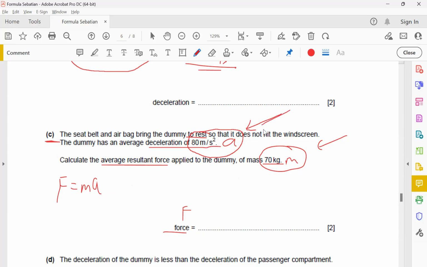If today I give you this information, then you must use this formula to find your answer. Find it right now. Junyan, tell me how much is it as well? Yeah. Do you get this?